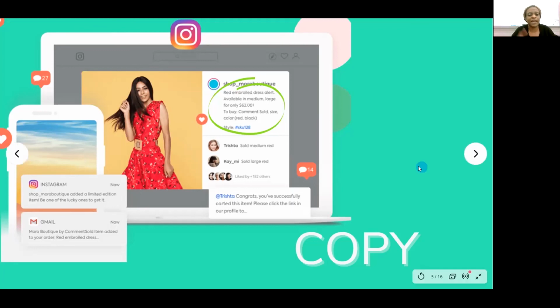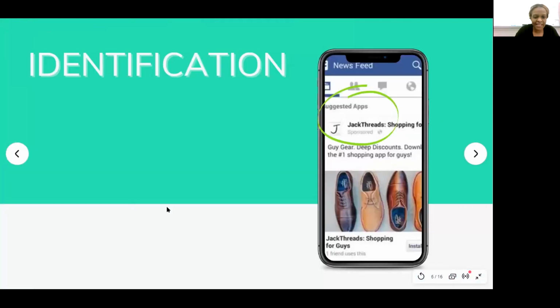All right, so again, we have the headline, the illustration, the copy, and then the identification. So there's no point in having this great ad if people still don't know where to go to buy the product, or get this service done, or where this event is and how to buy the tickets.